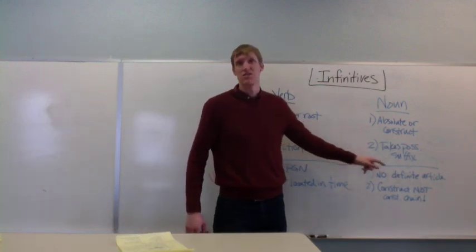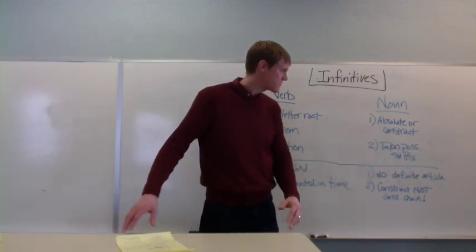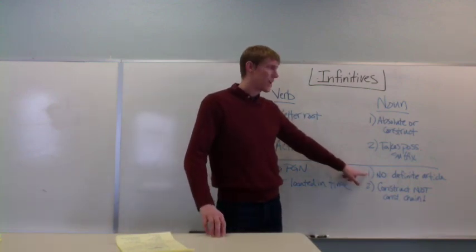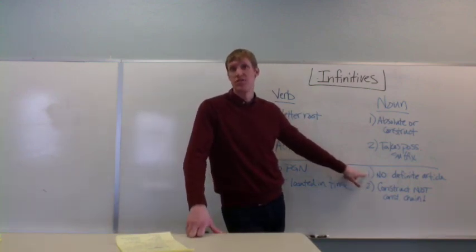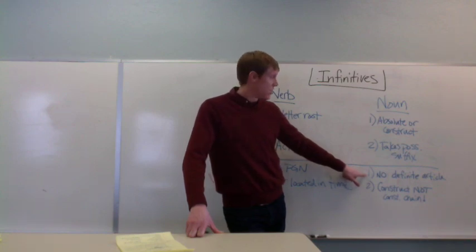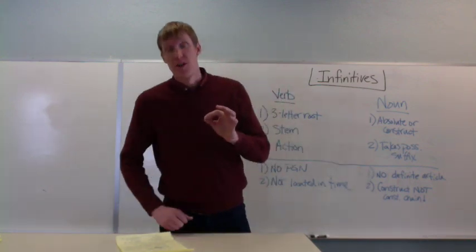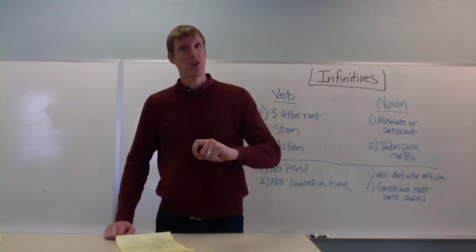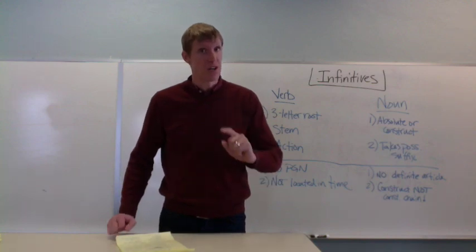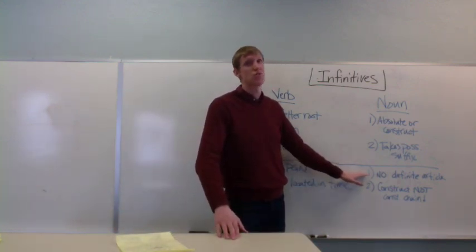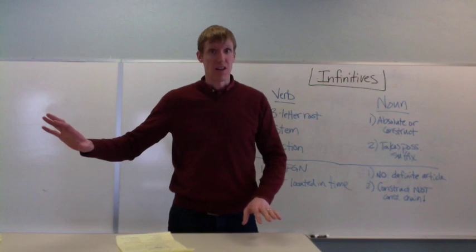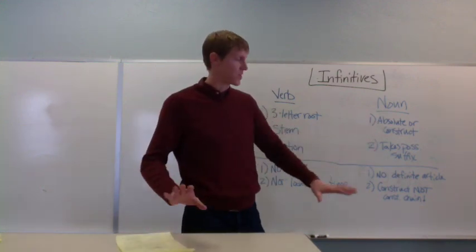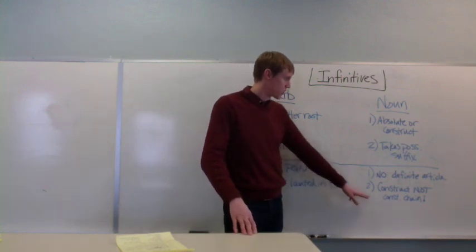It's possessive, just like with other nouns. But infinitives are unlike nouns in that you cannot have a definite article attached to an infinitive. You'll recall, perhaps from a previous week's video, that you can have a definite article attached to a participle, but you cannot have a definite article attached to an infinitive, either an infinitive construct or an infinitive absolute. Neither of them can take a definite article.